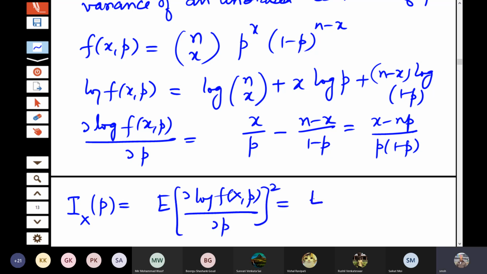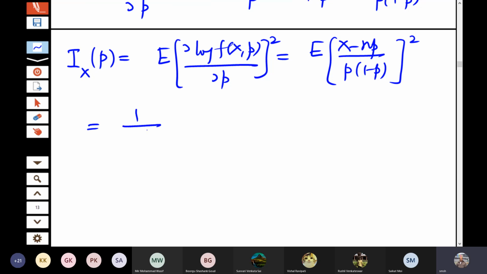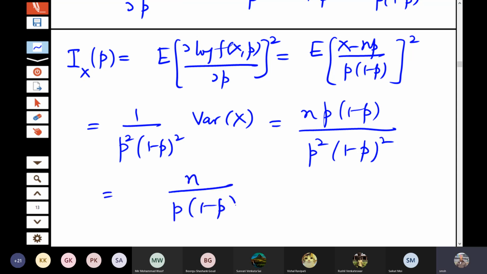That is nothing but the expectation of ((x minus np) by p into (1 minus p)) whole square. So this is nothing but 1 by p square into (1 minus p) square times variance of X, because the expectation of (x minus np) square is nothing but variance of X, that is np into (1 minus p). For the binomial distribution, you remember the moments. So this is becoming nothing but n divided by p into (1 minus p).